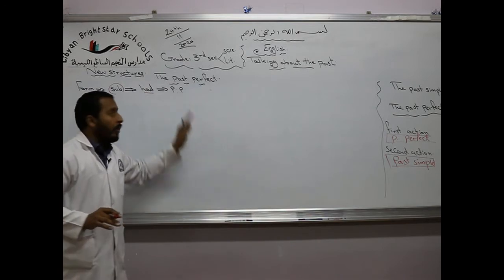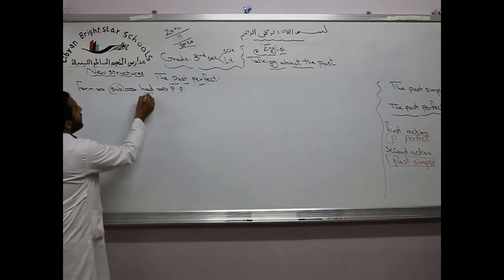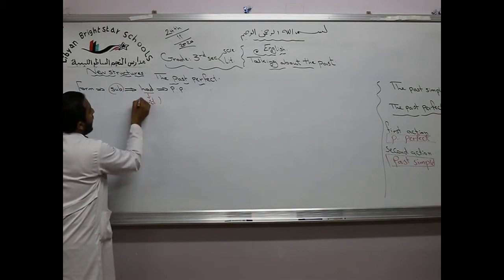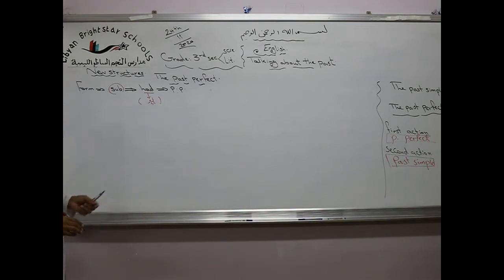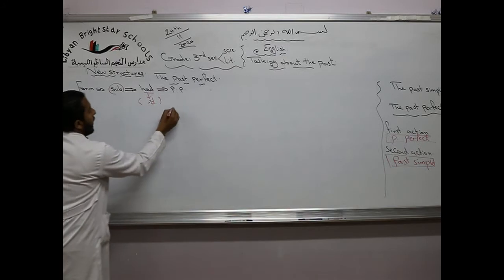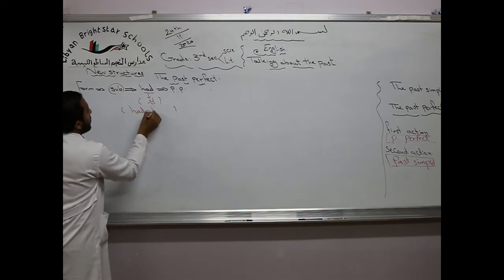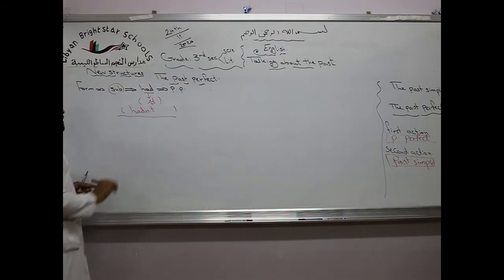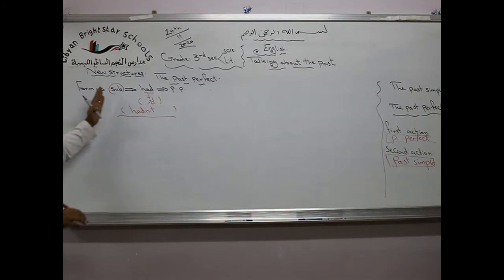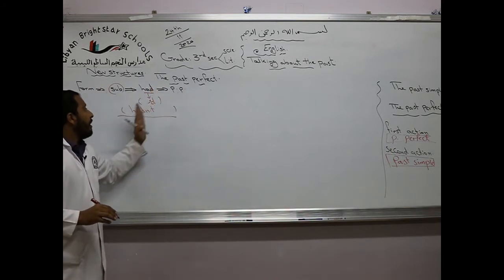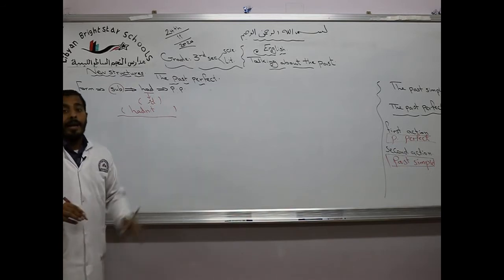The short form of had is apostrophe D. The negative form is hadn't.